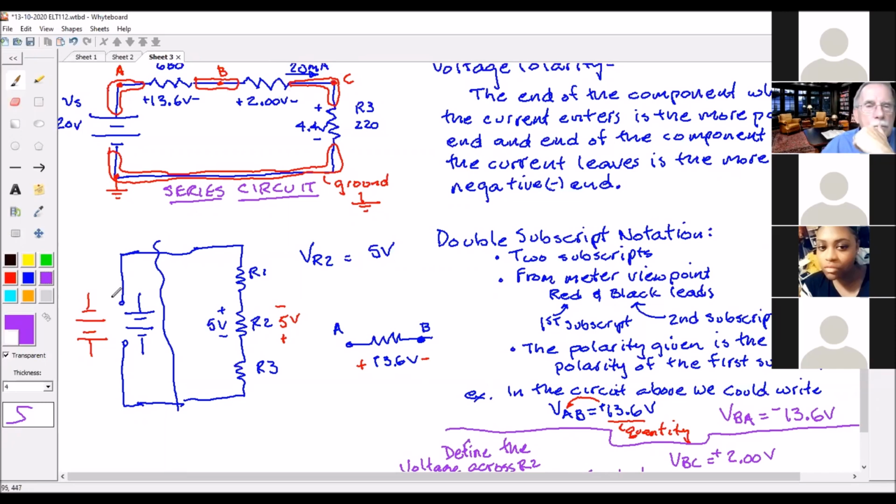I was just gonna ask, is it ever gonna matter in which order it is? I know that you were saying that we're going to go through that later on in the semester, but should it usually be just going from the positive to the negative terminals? So it should always be like BC as opposed to CB, or does it ever really matter? It depends.